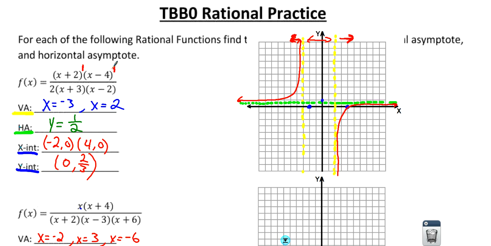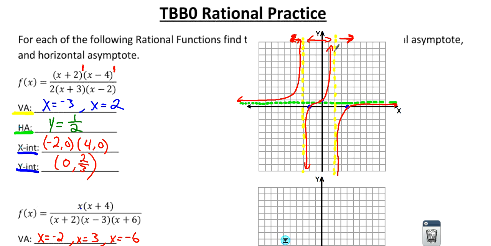If it were power 2, it would bounce, since it was even. But since it's power 1, it crosses. The same thing here for the middle. I know that my function has to go through these two points right here. I also know it crosses here. So if I start here and go through this point, it goes down over here, and I can finish this side up over there.